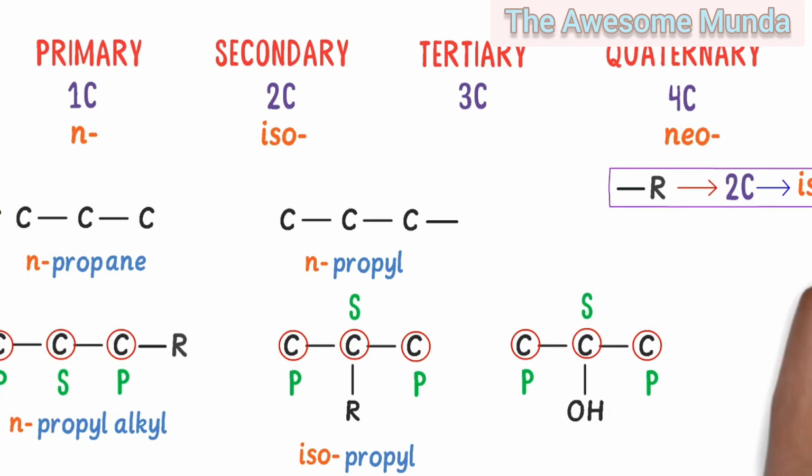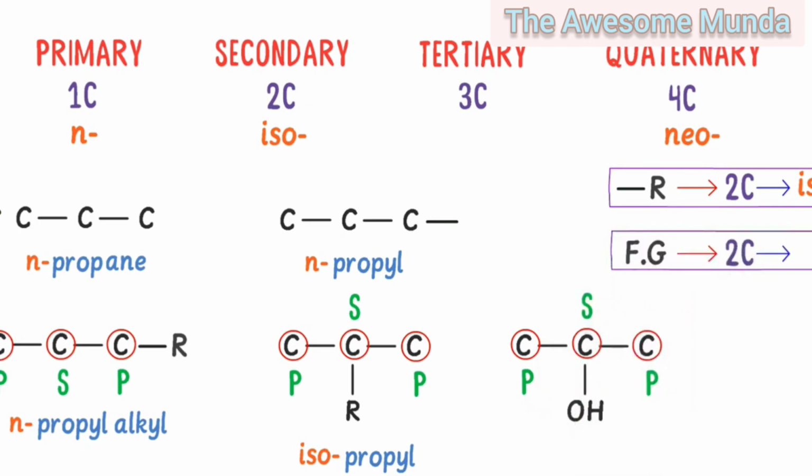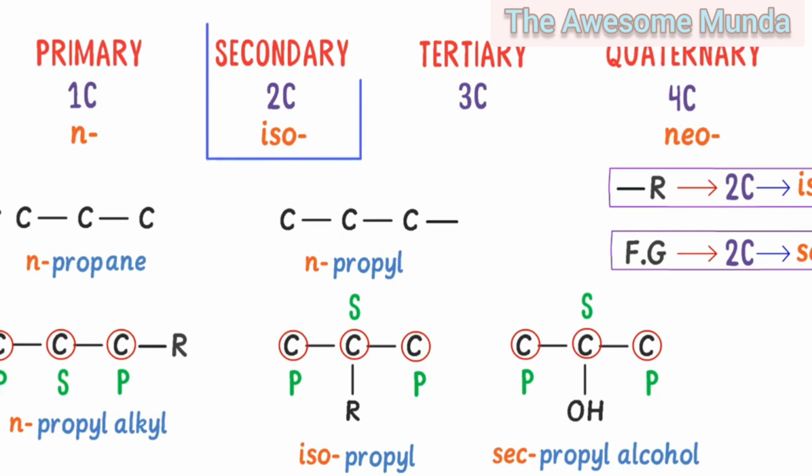Well, the rule is, when there is functional group bonded to second or secondary carbon, always name it secondary. Hence, there are three carbons, I write propyl. The functional group OH is attached to secondary carbon, I write secondary. For this OH, I write alcohol. So I get secondary propyl alcohol. That's why I have written secondary below iso.